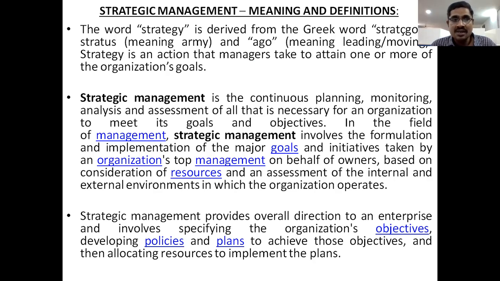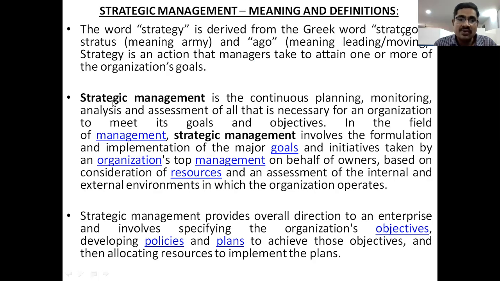So the same approach, the same methodology adapted by all the corporate firms converts into strategic management. So simply, strategy means excellent superb plans.